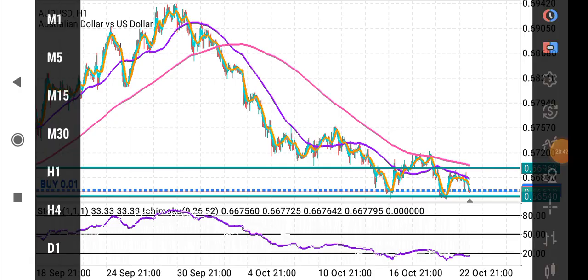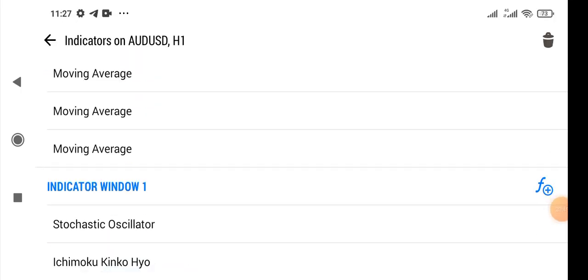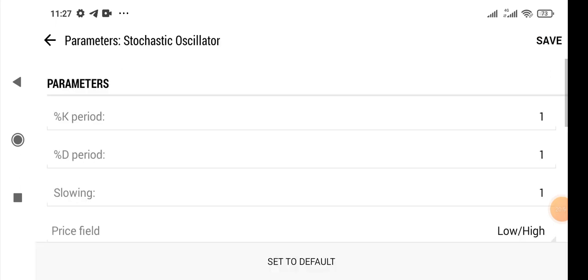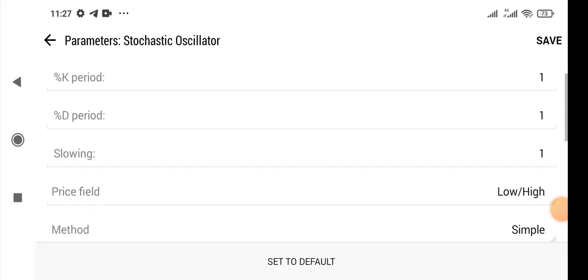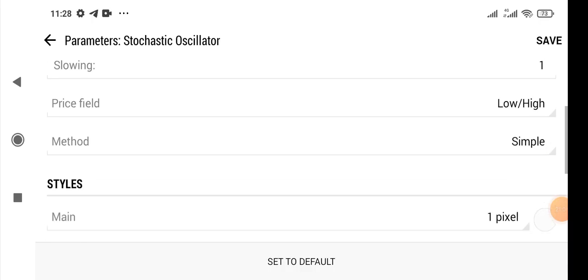So on the indicator window, we are going to have first the stochastic oscillator. So those are the settings. K percentage period 1, D percentage period is 1, slowing is 1, price field low high, method is simple.